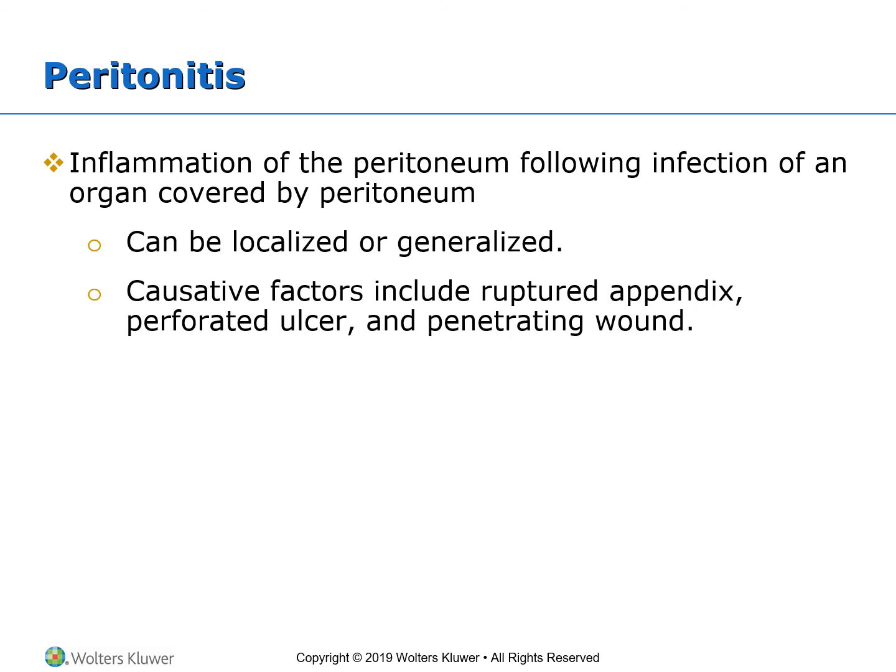Whenever the condition is more advanced, the appendix will rupture, an ulcer may perforate, or we have maybe a penetrating wound, that will result in what is called a generalized peritonitis. Then the whole peritoneum will be affected by inflammation. Usually, peritonitis is a straightforward indication for surgery in order to repair or treat the cause for the condition.